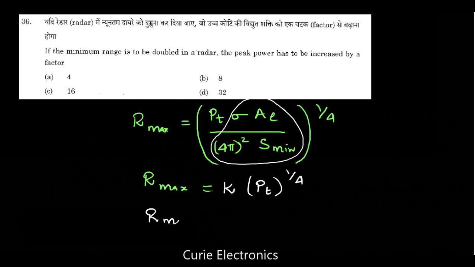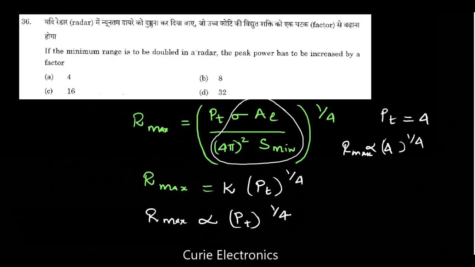So R max directly proportional to Pt to the power 1 by 4. Now in place of Pt, if you put 1, that is the transmitted power. If you increase by 4 times, what happens? We are increasing by 4 times. Then what happens? So R max is 4 upon 1 by 4.